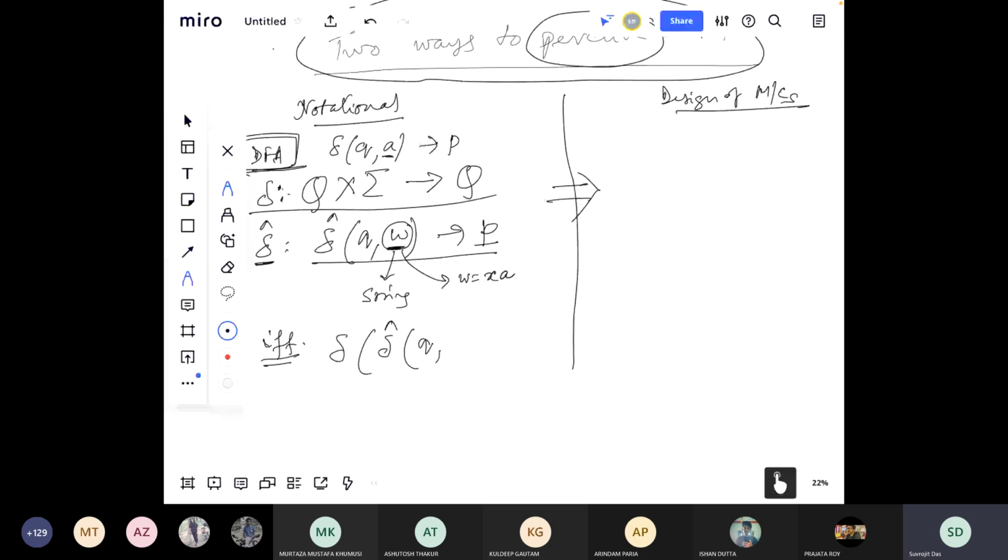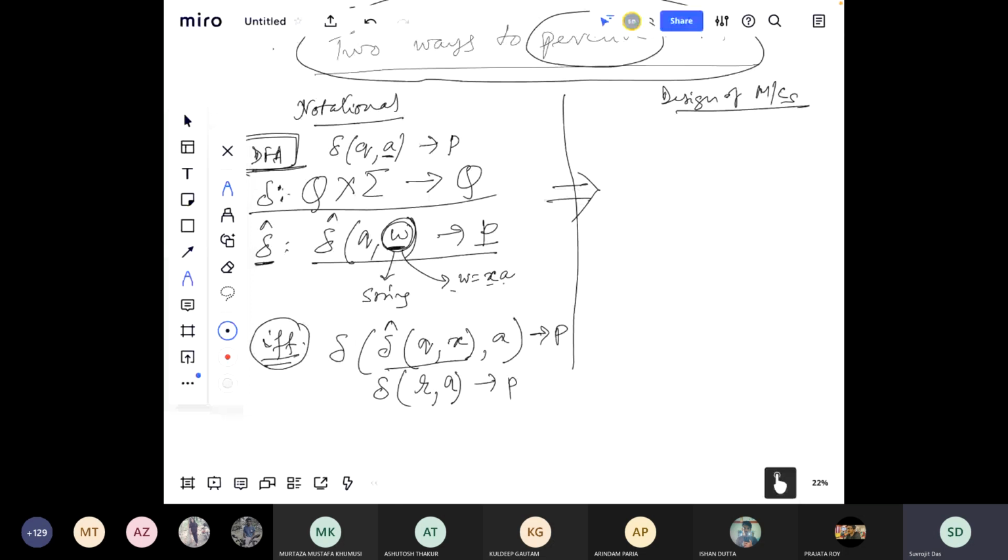So del hat of Q comma XA is P if and only if del hat of Q comma X takes you to some state R such that del of that state R and A is P. That is what I mean to say. So it states that you can work with strings if and only if there are physical intermediate states in between.